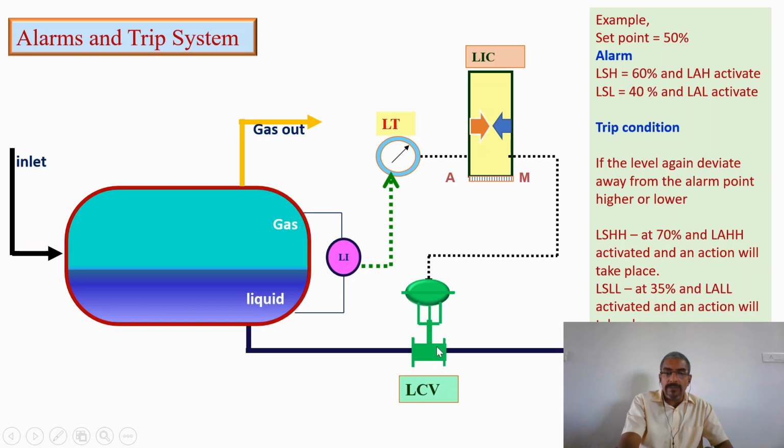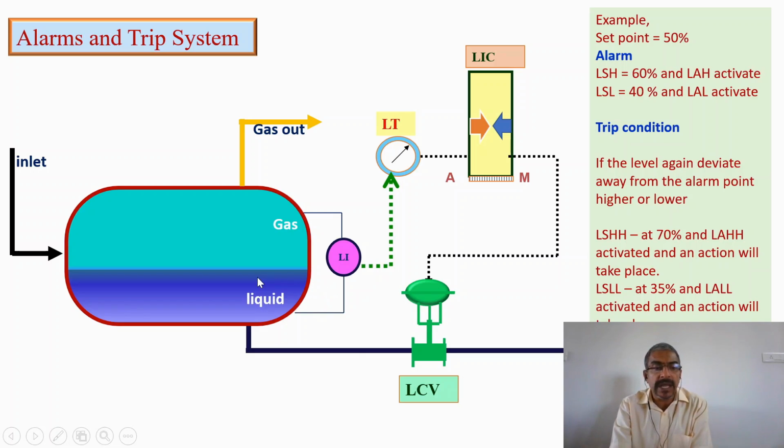That deviation goes to the control valve, and the controller gives a command to the control valve to open a little more and bring the level back to 50%. That is the normal operating condition. It is in auto mode. A means auto mode, so in auto mode the controller will take care.